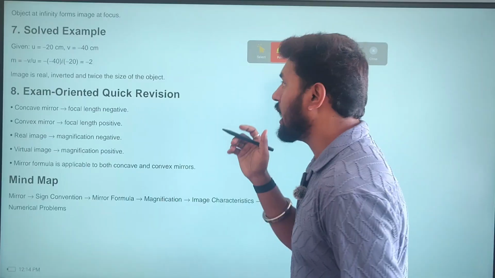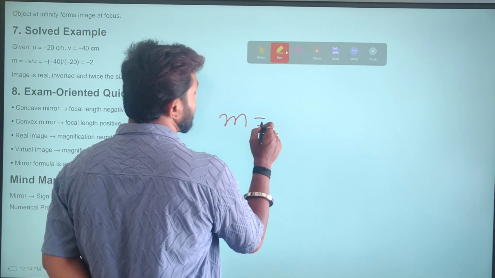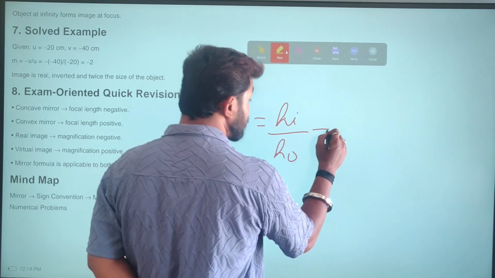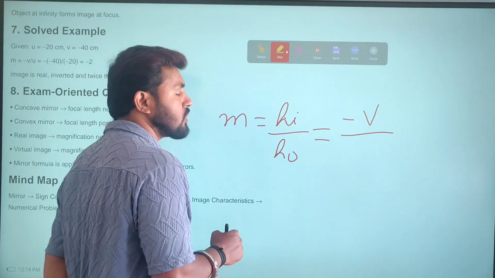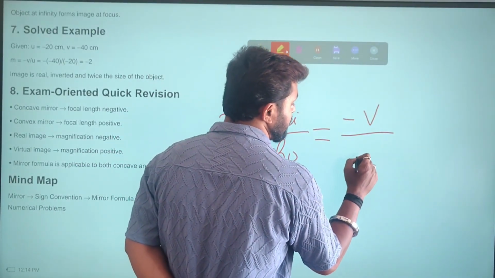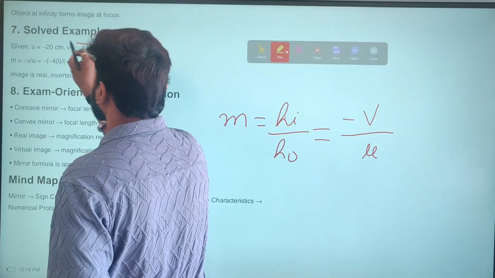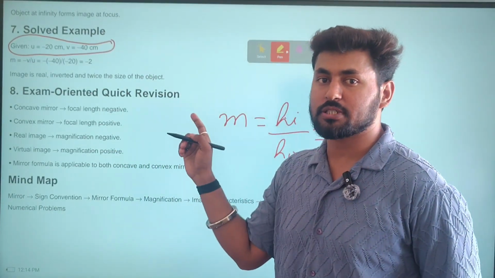As I told you, magnification can also be given as height of the image by height of the object, and also this is equal to negative image distance by object distance. Over here, these are the two things given, but height of the image and height of the object is not given.